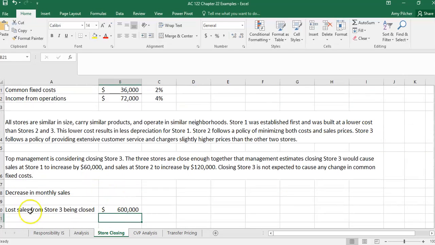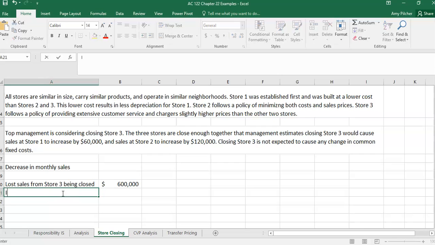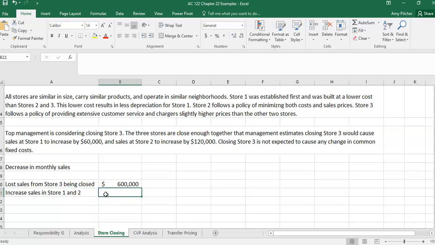We'll no longer have those $600,000 in sales. However, we're going to have increased sales in store 1 and 2. The total amount of that increase is 60,000 plus 120,000, or 180,000.